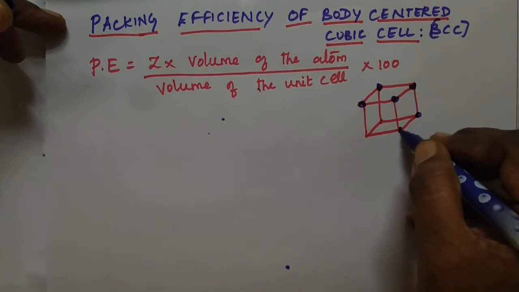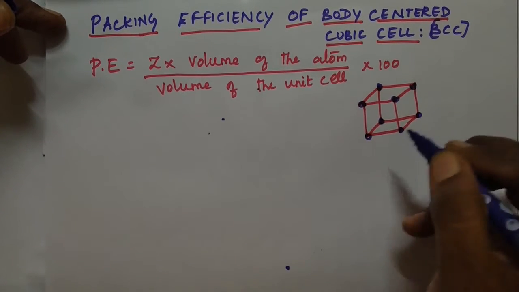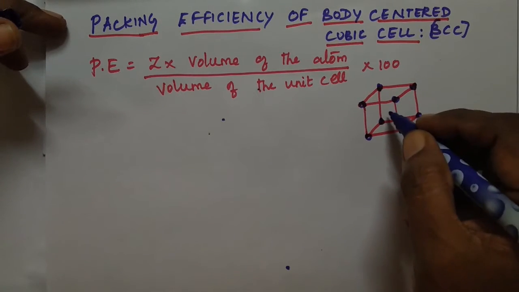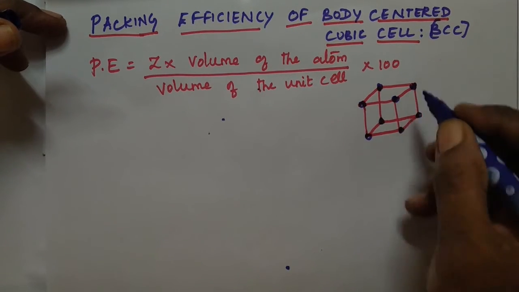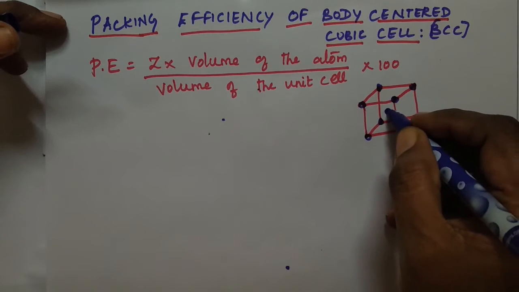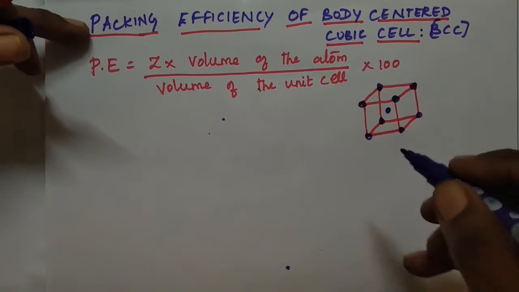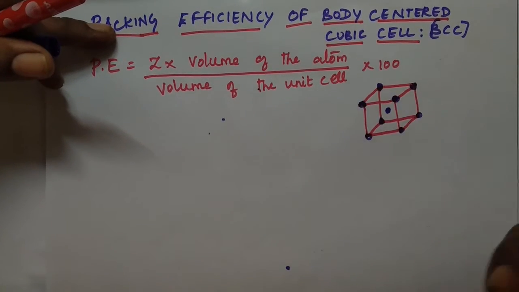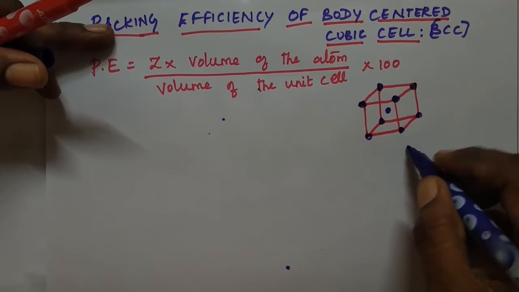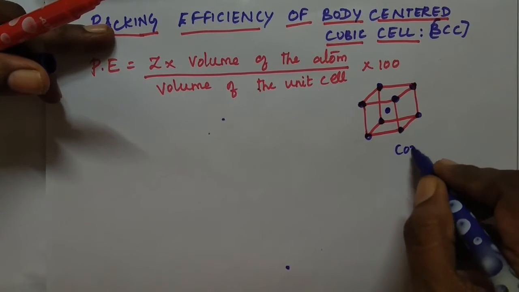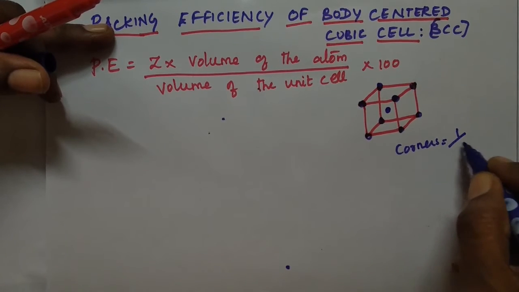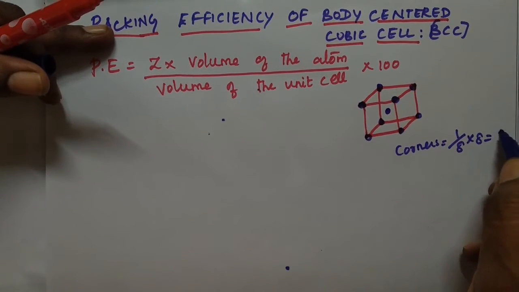We'll have to calculate. There are 8 corners, so you have 8 points, and you have one at the center also. For the corners, we know it is 1 by 8 into 8.